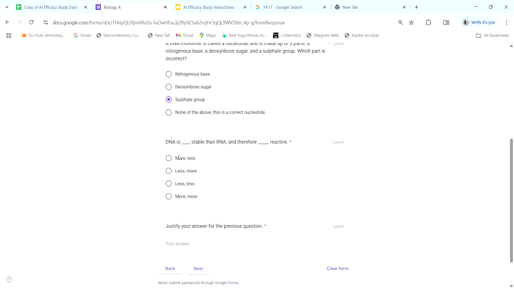And DNA is less reactive than RNA because due to its double helix structure, double-stranded structure, it is very difficult to compact or to form the complex structure, whereas in case of RNA it is not so hard to form the complex structure.